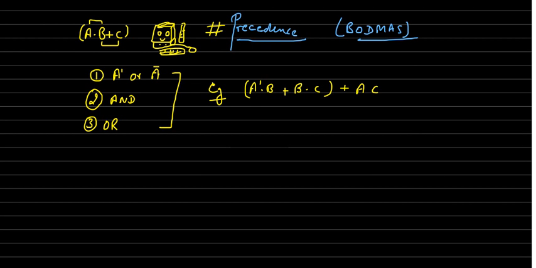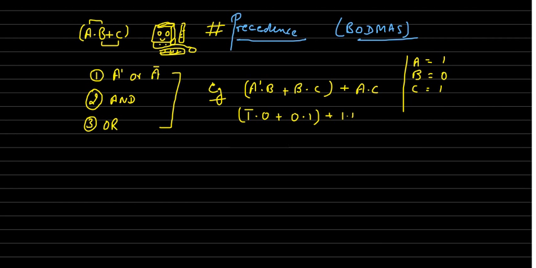Let's do it in numbers so that you can see everything clearly. Let's consider A is 1, B is 0, and C is 1. Now, this is going to be 1 bar dot 0 plus 0 dot 1 plus, here it's a dot, so 1 dot 1.